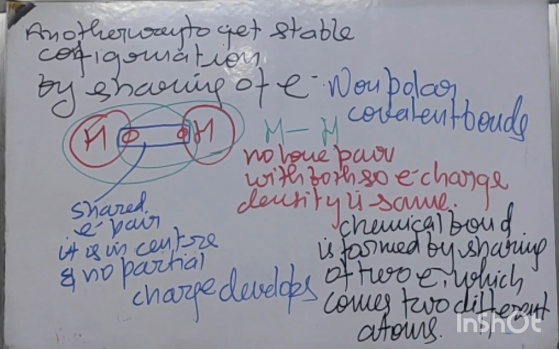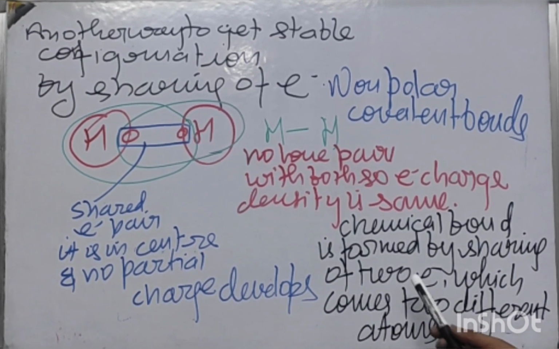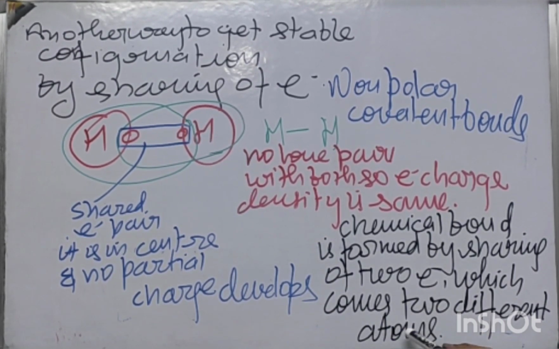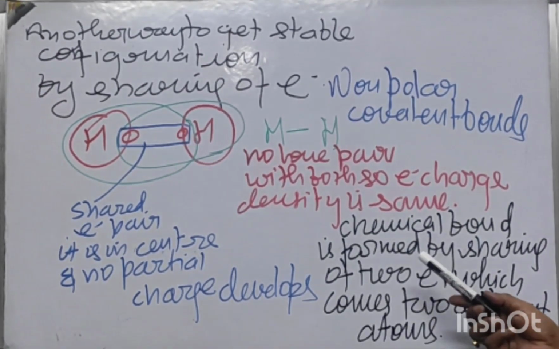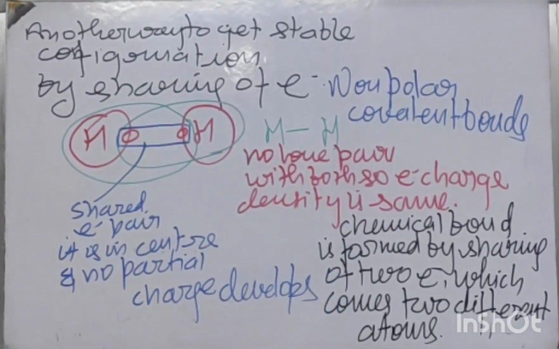Getting my point? Chemical bond is formed by sharing of electrons which come from two different atoms, right? This point you keep in consideration and always keep in mind.